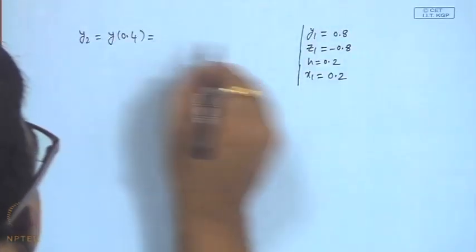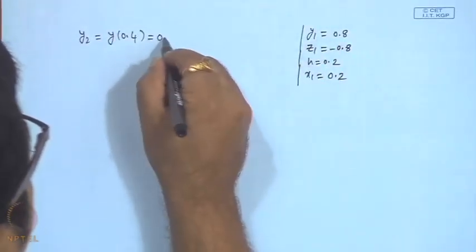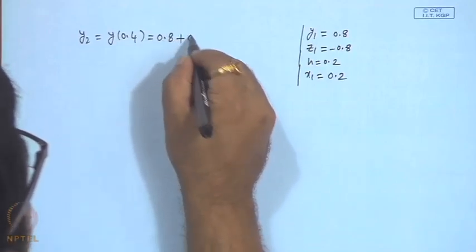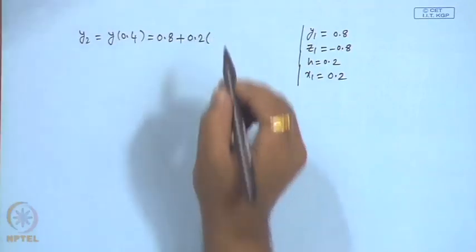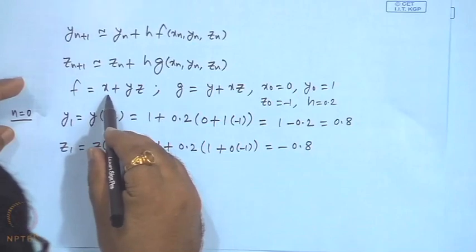So, y 1 plus h times what was our f? This, x 1 plus y 1 z 1.